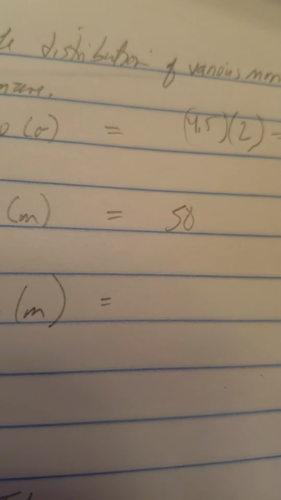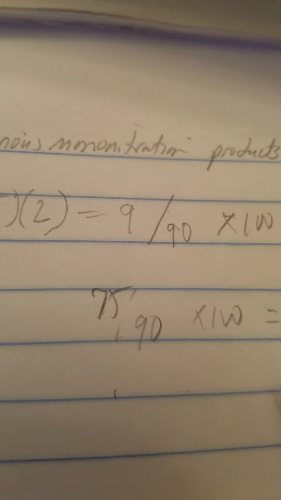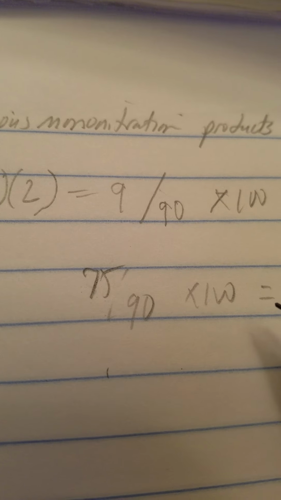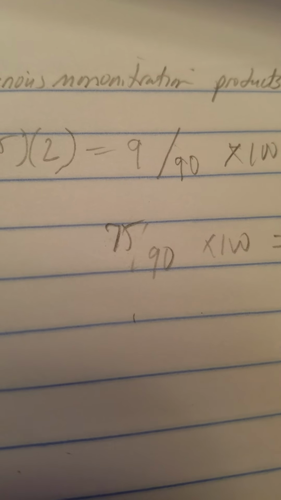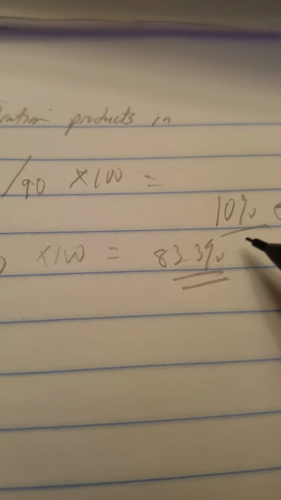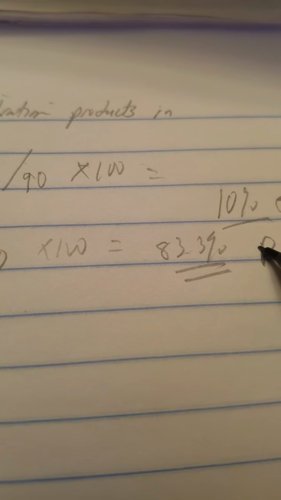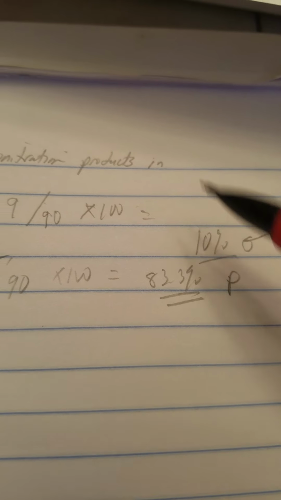If I'm looking at 75, then 75 divided by 90 times 100 is going to tell me that 83.3% of the nitrations in tertiary butylbenzene are going to be in the para position, which makes sense because you can't put in too many in that ortho because of that big tertiary butyl group at the top.